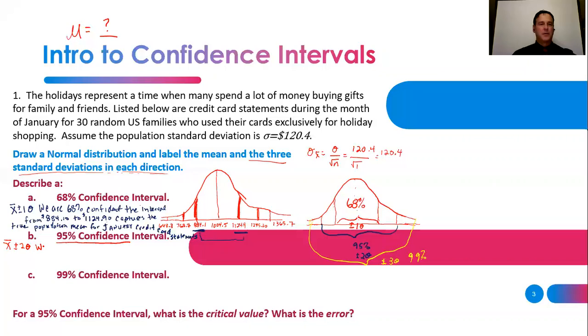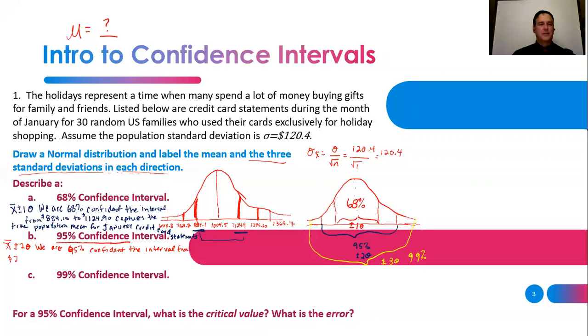We are 95% confident the interval from, sorry, that's tough to read. And again, I'm going to go 2 standard deviations out, so that's 763.7.